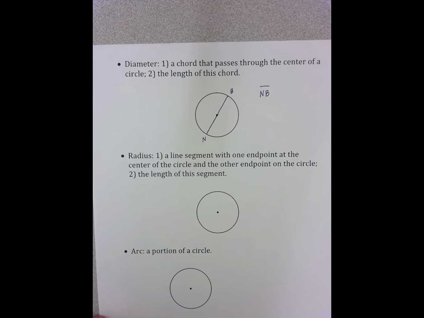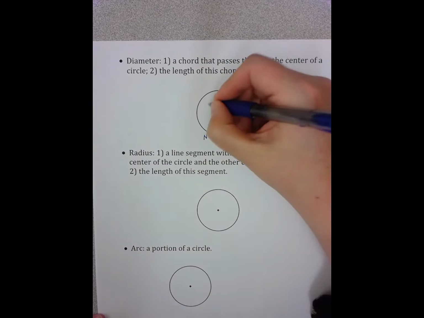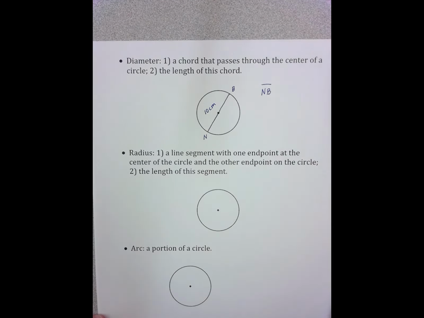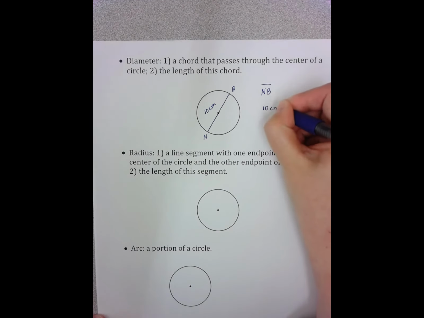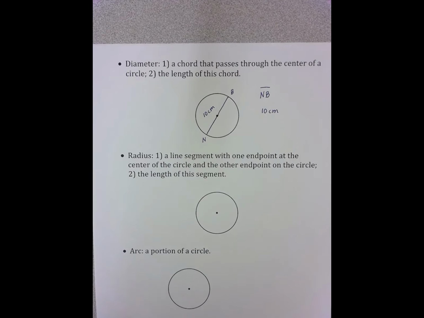Now the word diameter can mean 2 different things. It can describe this line NB as the diameter. It can also be a description of the length of this chord. So we could also say that the diameter is 10 centimeters. Either of those definitions apply.